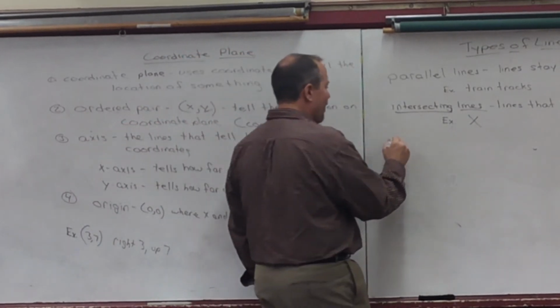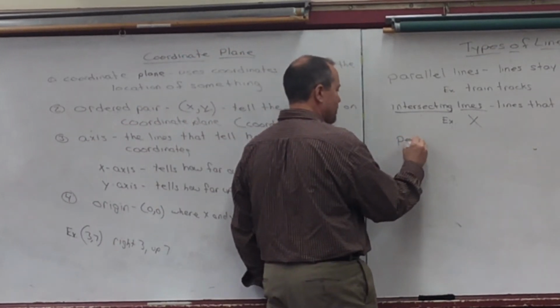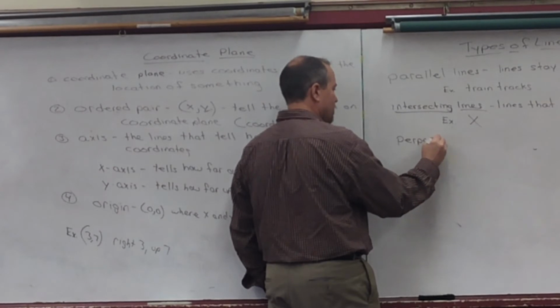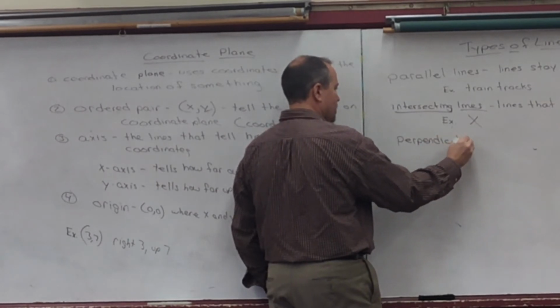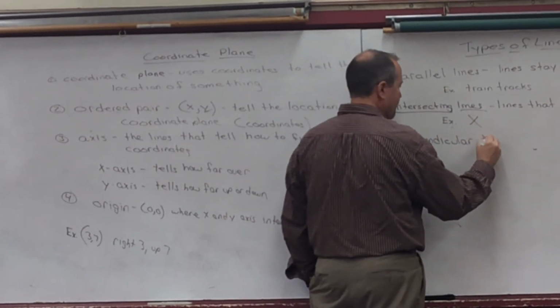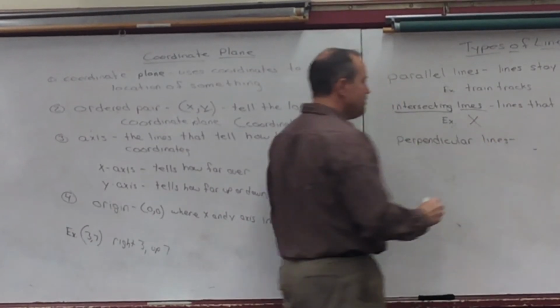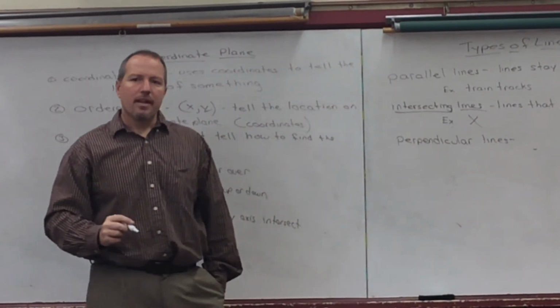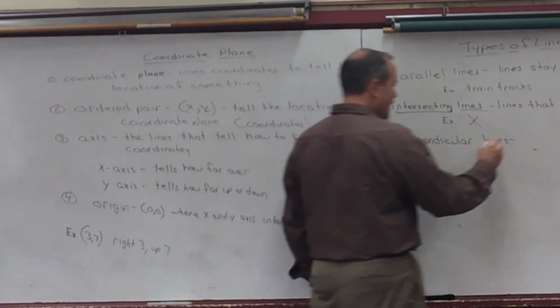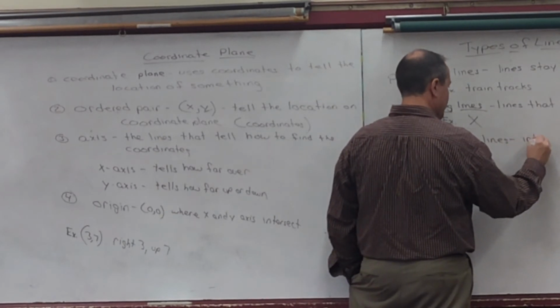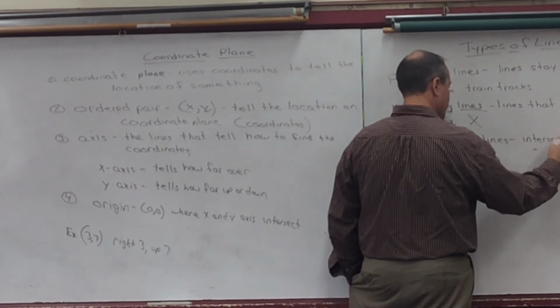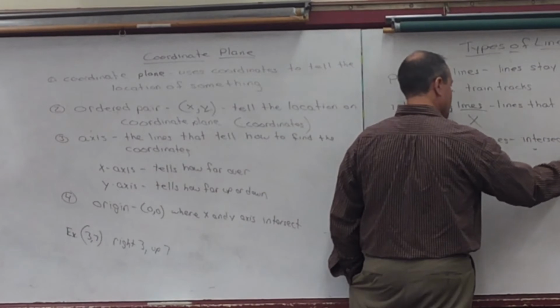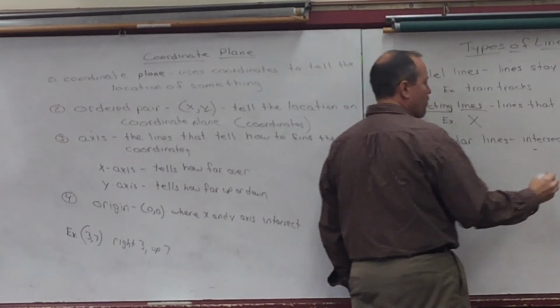And then the third type of line are perpendicular lines. Now, perpendicular lines are intersecting lines that form right angles.